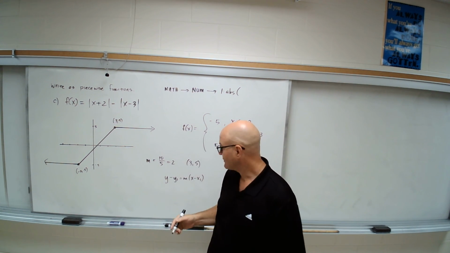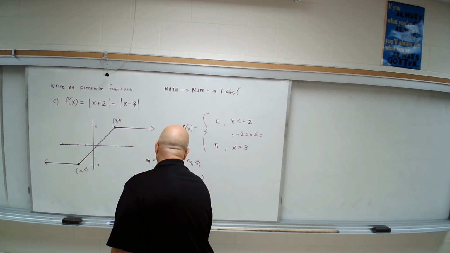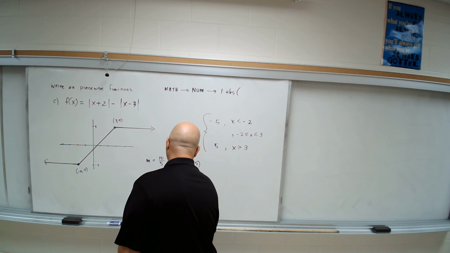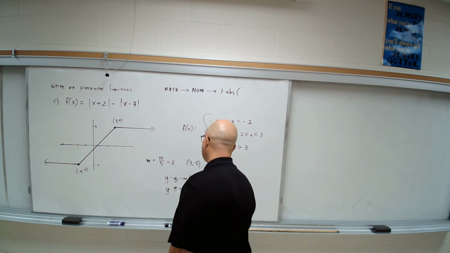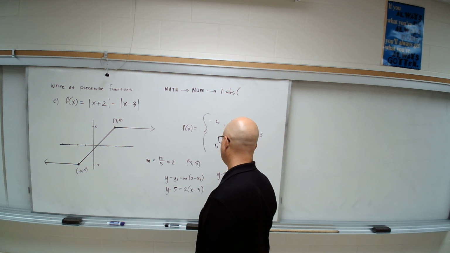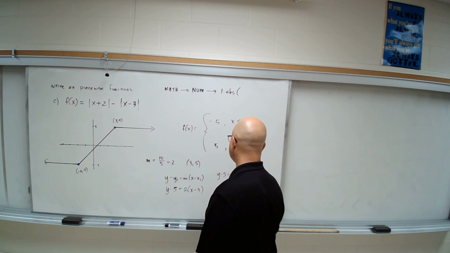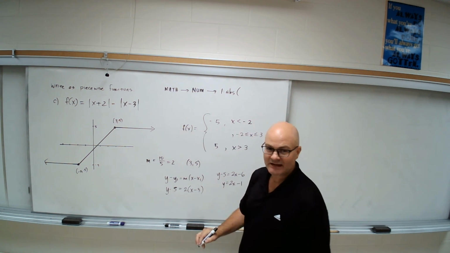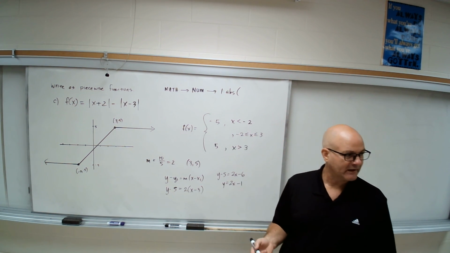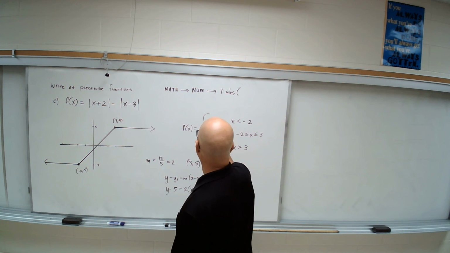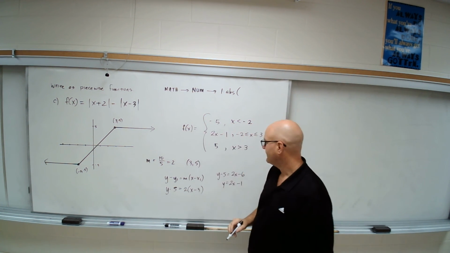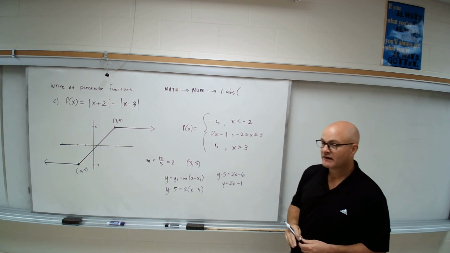So you'd have to actually use the point slope. Y minus 5 equals 2 times x minus 3. So that's 2x minus 6, and then 2x minus 1, like we all suspected, right? So here we get 2x minus 1 is how we could write that as a piecewise function.